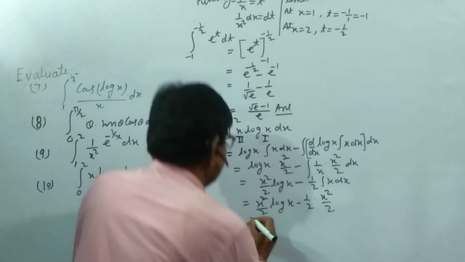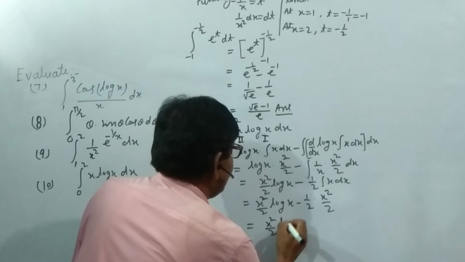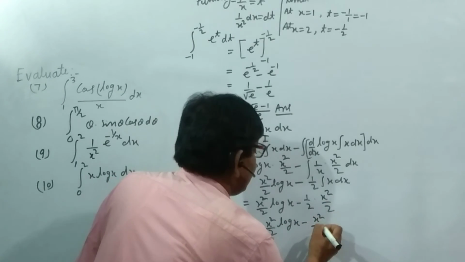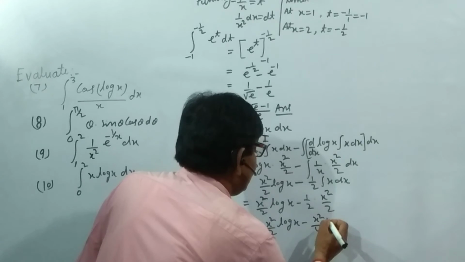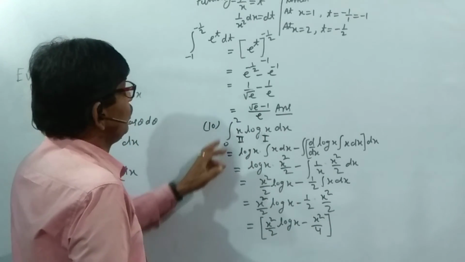Now this can be written as x square by 2 log x minus x square by 4, and we take the limit here 0 to 2.